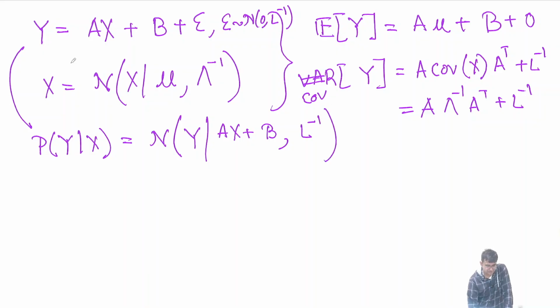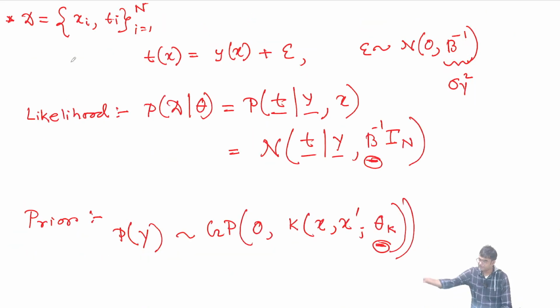See, this expression and this expression are equivalent actually. I have not even integrated anything. They are exactly the same. You can write it in the form of a linear equation also, because a linear combination of Gaussians becomes Gaussian. There is nothing else here. And this follows directly from the expression t equal to y plus epsilon.